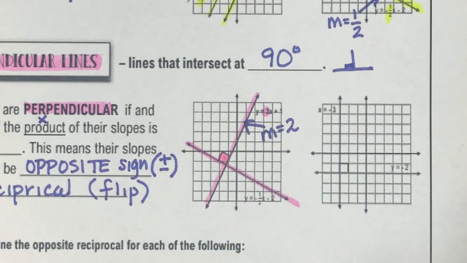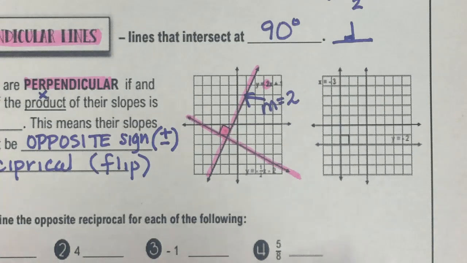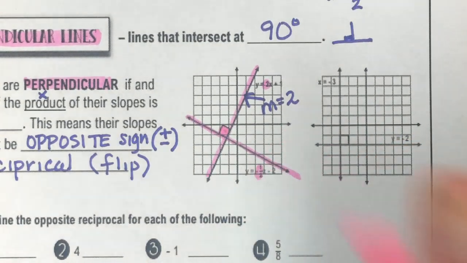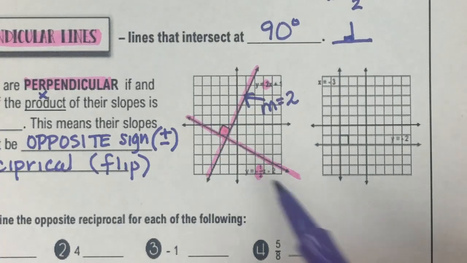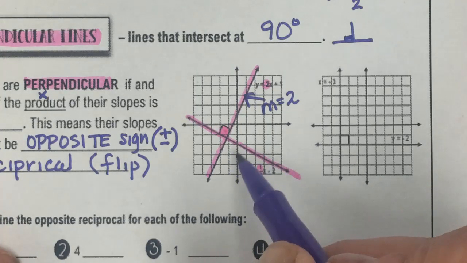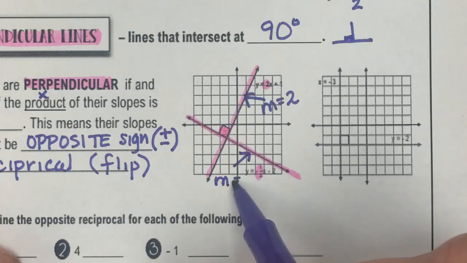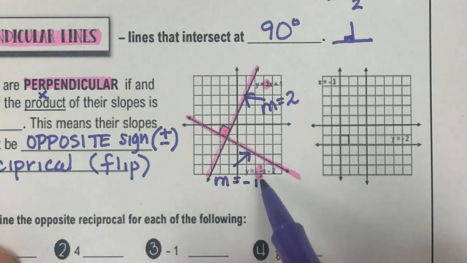If we go look at this equation, it says y equals negative 1/2, I think that's minus 2. So that means that the slope on this guy is m equals negative 1/2.